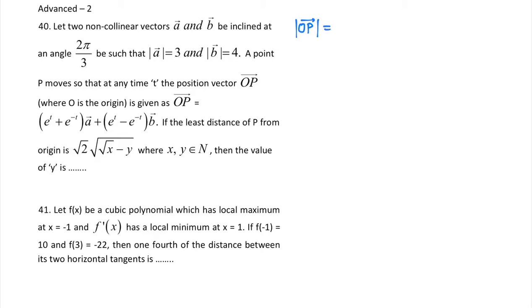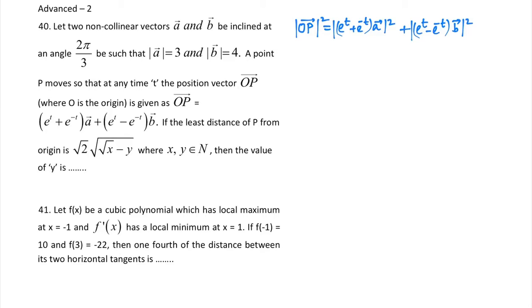That is equal to, okay, let us take whole square. We will take square root later. Mod of (e power t plus e power minus t) into a vector, mod of this whole square, plus (e power t minus e power minus t) into b vector, mod of that whole square. This is like mod a square plus mod b square.